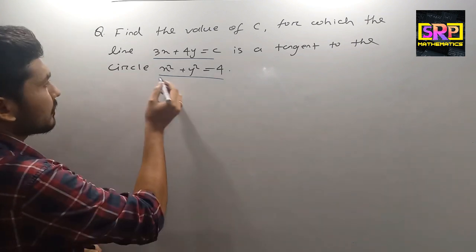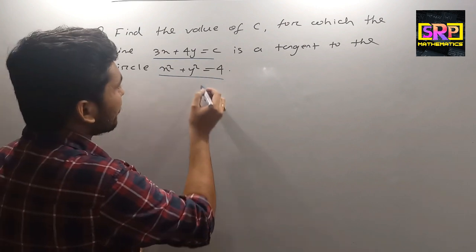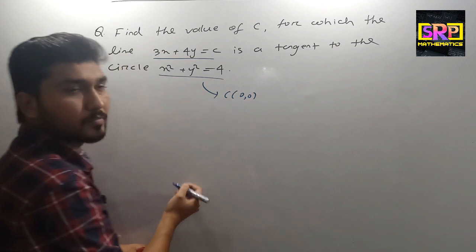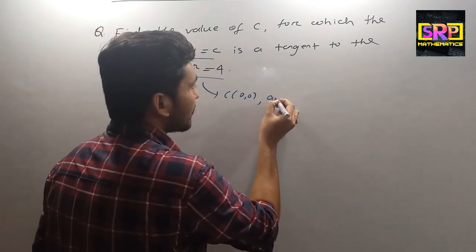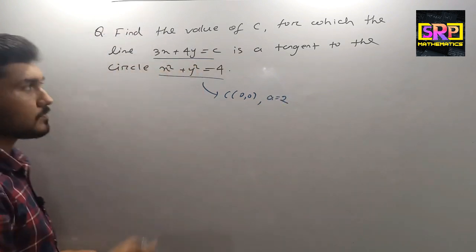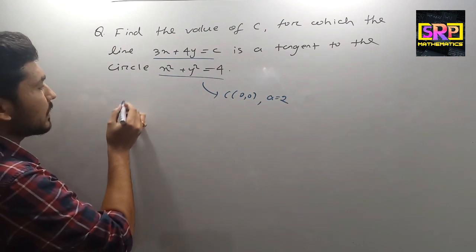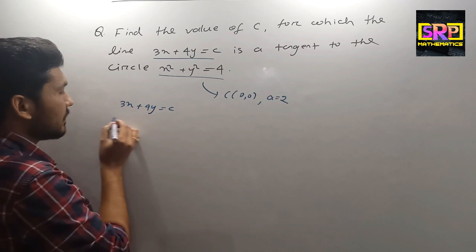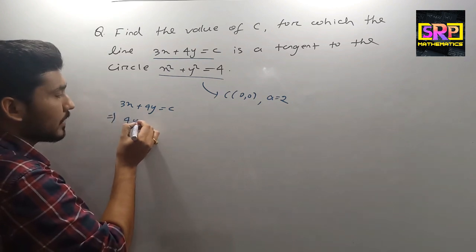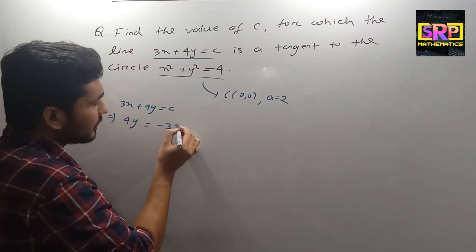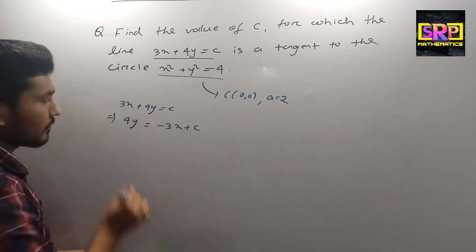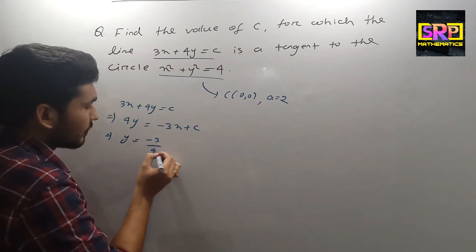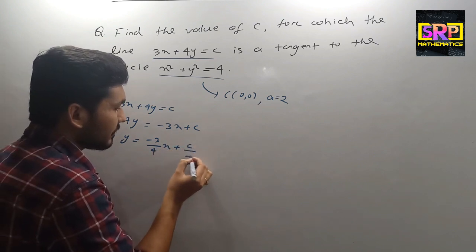So before that, from this equation of circle, we can conclude the center is 0, 0 and radius is 2. And the equation of a straight line can be written as 3x plus 4y is equal to c, which implies 4y is equal to minus 3x plus c, and y will become minus 3 by 4x plus c by 4.